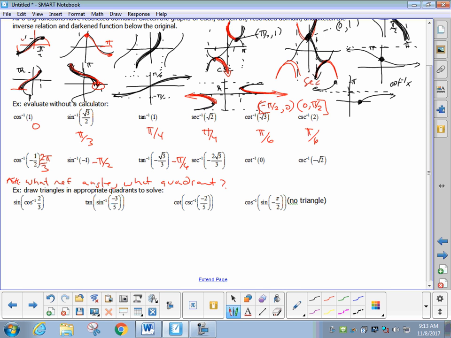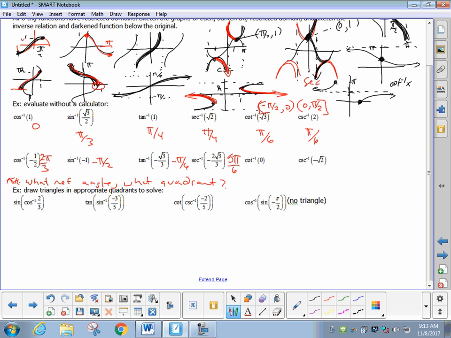So cosine is root 3 over 2 at what, pi over 6 or pi over 3? Pi over 3. Secant is negative in the second quadrant. So pi over 3 in the second. Did you say pi over 3 or pi over 6? Sorry. Pi over 6 in the second quadrant is 5 pi over 6. Okay.